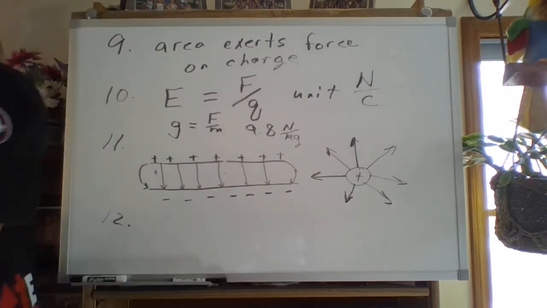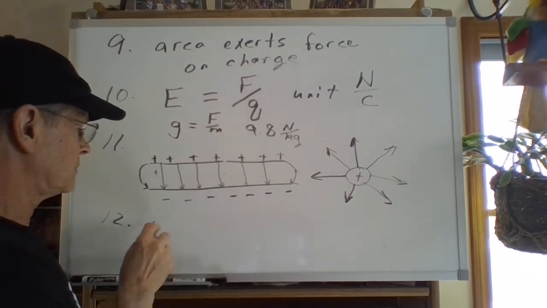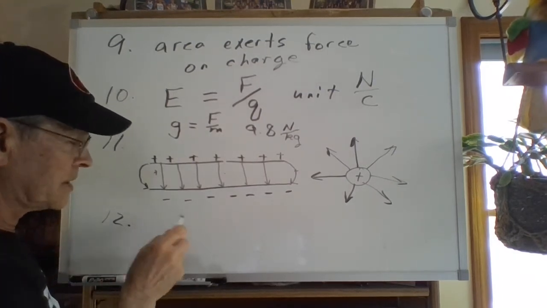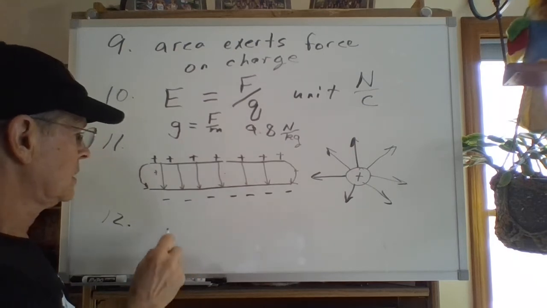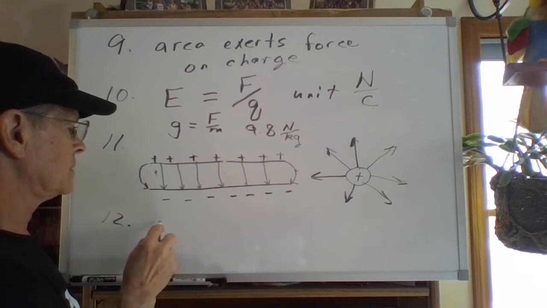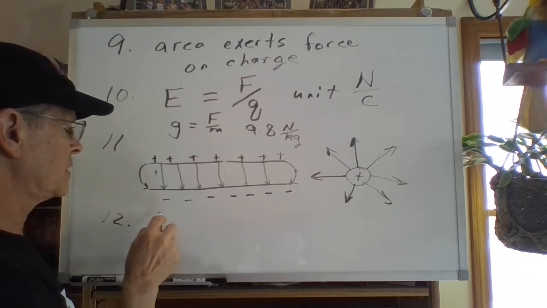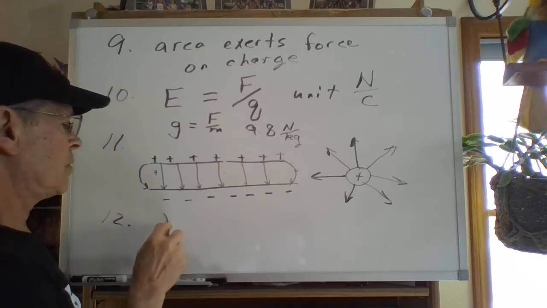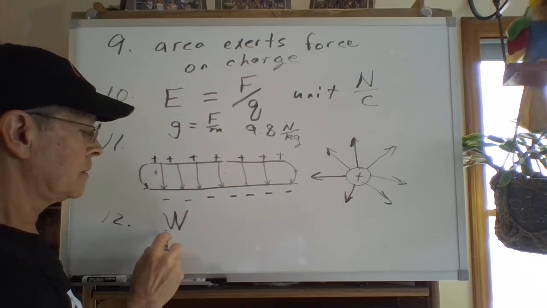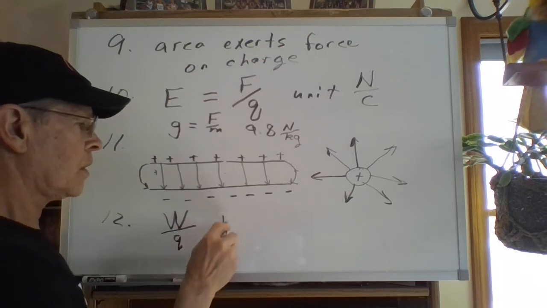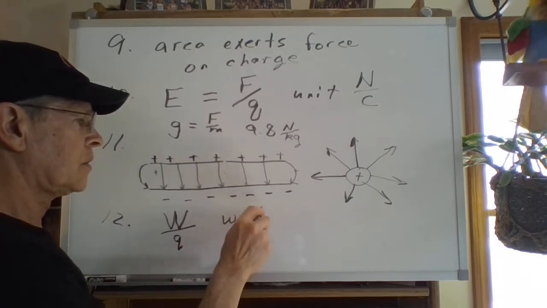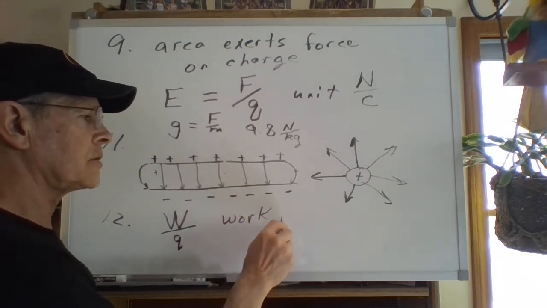Number 12. Define the electric potential difference. Electric potential difference, they kind of leave out the word energy, potential energy difference. But the electric potential energy difference would be how much work each charge could do. Work per unit charge.